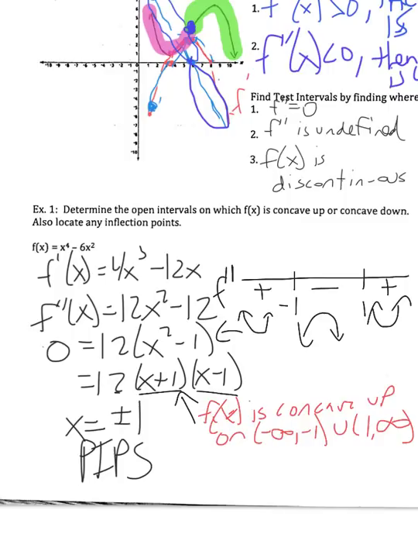And it's concave down between -1 and 1. So -1 to 1.